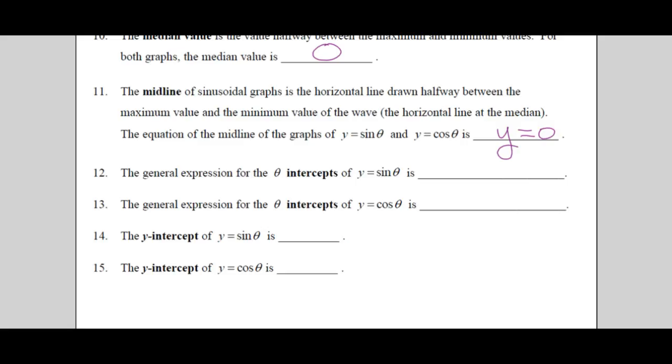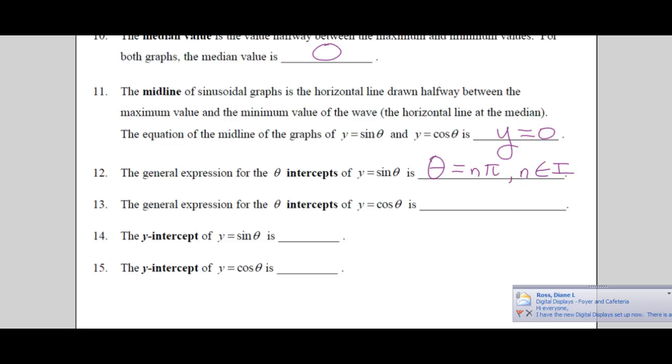So the general expression for the theta intercepts is theta is equal to n pi, where n belongs to the integers. And this time, unlike coterminal, where we say that angle is not coterminal with itself, this does allow for 0 pi or just 0, because n is an integer, it could be negative 2, negative 1, 0, 1, 2, etc.